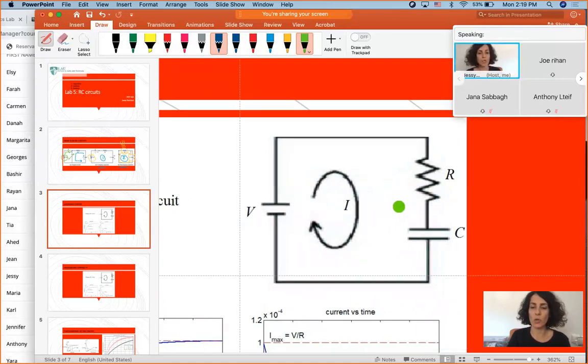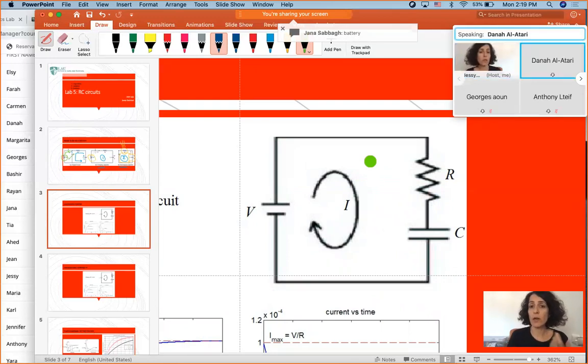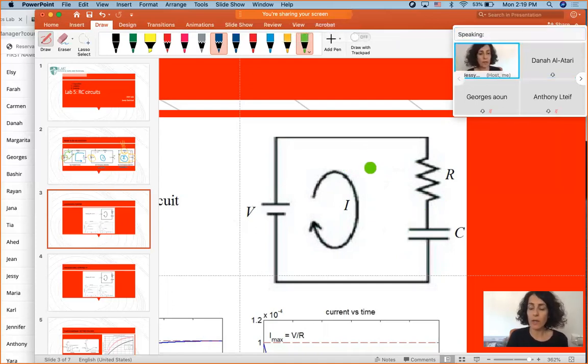Is that a charging or discharging circuit and why? How do you know? It's clockwise, the direction of the current. Actually, clockwise and counterclockwise will tell you nothing, Dana, because it depends how it was initially charged.